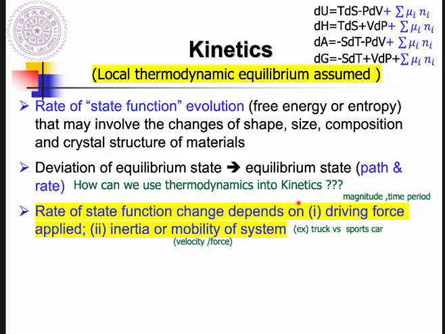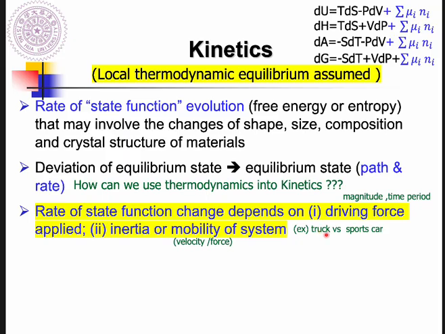So I'm going to give you an example here: a truck versus a sports car. Imagine that we have the same engine system, and I install it into the truck and also the sports car, using the same engine with the same horsepower. Which one can run faster?